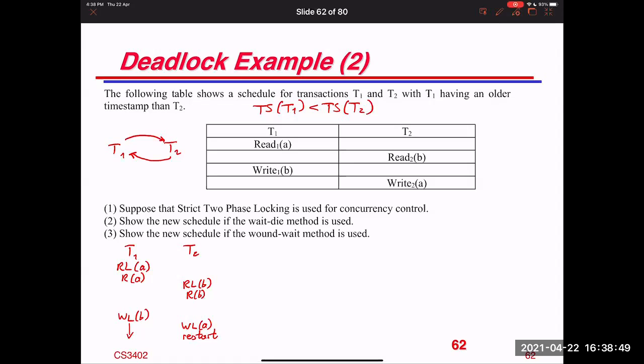All right, so as we just said, restarted or dying means that it's going to release all its locks, in particular, this lock here held on B. And therefore, now transaction T1 can successfully acquire the write lock and then execute the write on B.